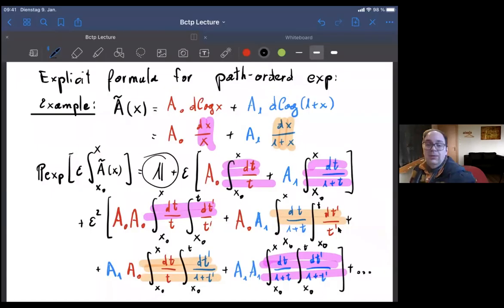I'm now unfolding this formula. So at leading order in epsilon, I get 1, and then I look at what kind of integrals I get to first order in epsilon, to second order in epsilon, and so on. Unfortunately, I cannot show you the two things back to back, but you can open the slides and see the formulas on the slides and what happens in mathematical code.